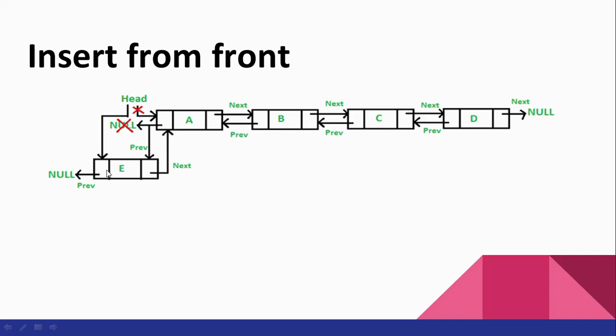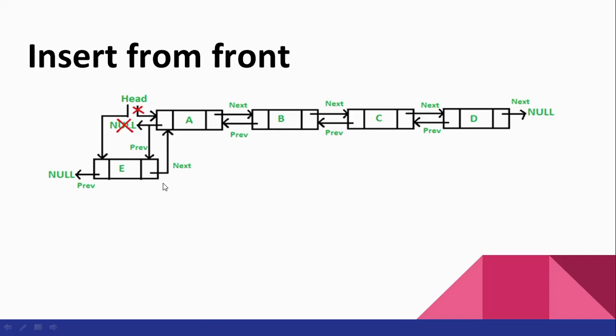Then the new node's previous pointer should point to the null value, because null means that there is no other node previous to that. So this is the head node, or the first node of the linked list. Then the head pointer should point to node E instead of A, because E is inserted as the new first node of the linked list.